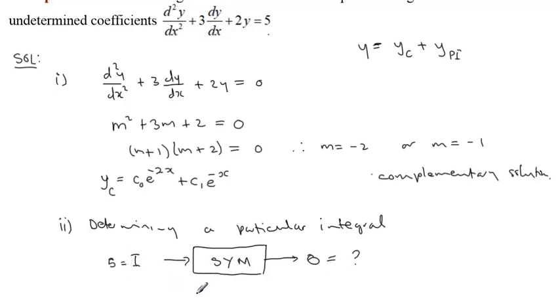That lets us suspect that the particular integral y p should be some constant, let's say alpha. My argument is that if I input a constant to a system, the system is going to transform the constant which I put in and give out a result which has some characteristics of the input.